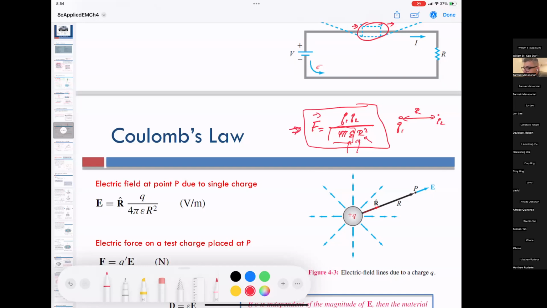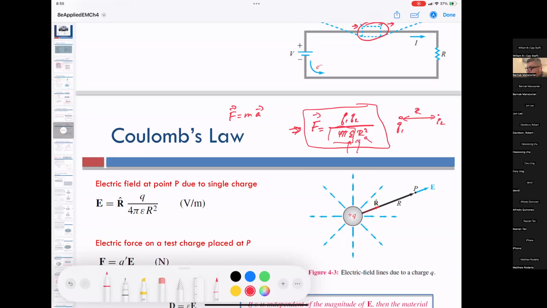And force is mass times acceleration. So what you actually measure in the real world, if you wanted to see Coulomb's law in effect, is you'd have two charges that you isolate as well as you could, and you try to keep one not moving, and you look at the acceleration of the other one.